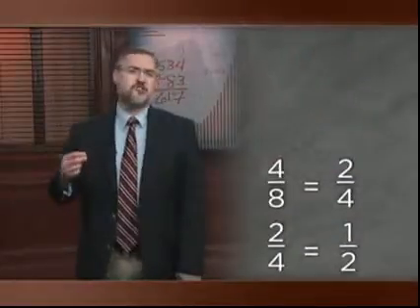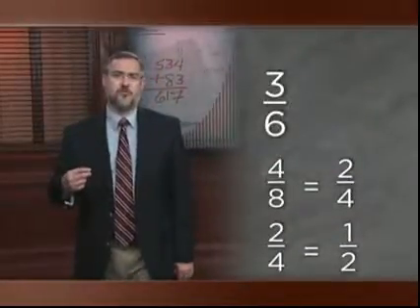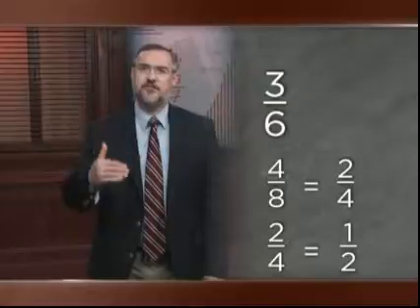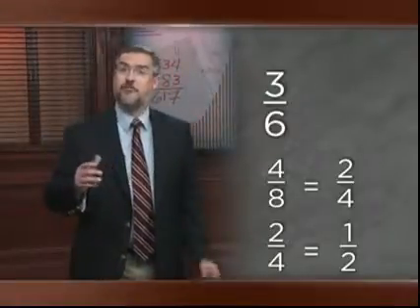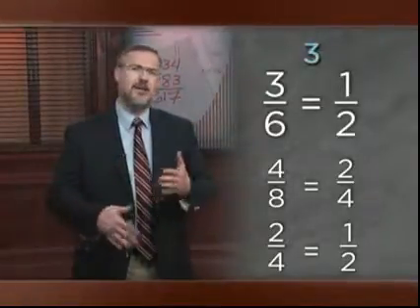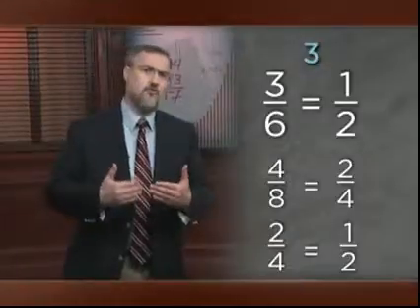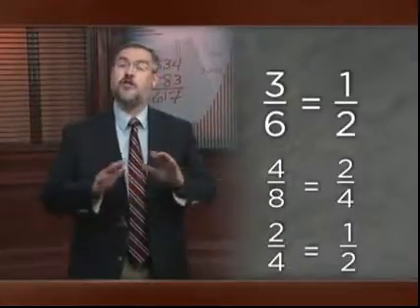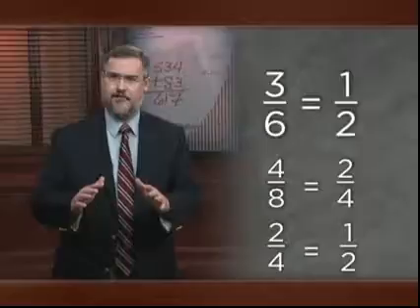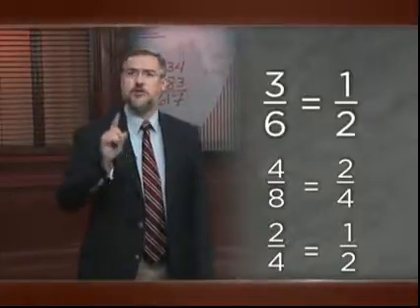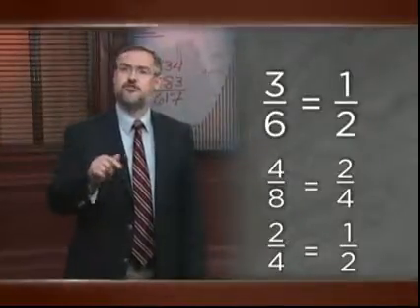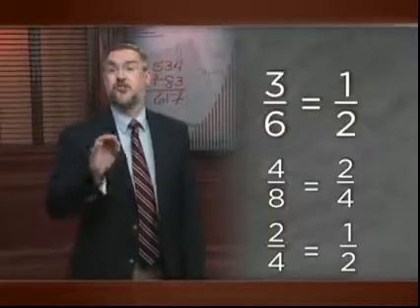And 3/6 is not in reduced terms because the 3 and the 6 both have a common factor of 3. So even though 4/8 and 2/4 and 3/6 are all equivalent to 1/2, it turns out that the only fraction in this family which is in reduced terms is the 1/2.